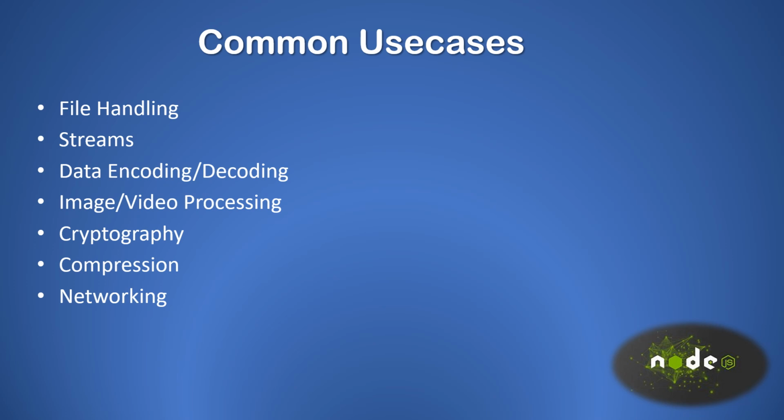Image and video processing: manipulating raw images or video data. Cryptography: encrypting or decrypting data using raw binary formats. Compression: working with compressed data formats like gzip and zlib. Networking: managing TCP and UDP data packets in binary form. So these are the common use cases of buffers.